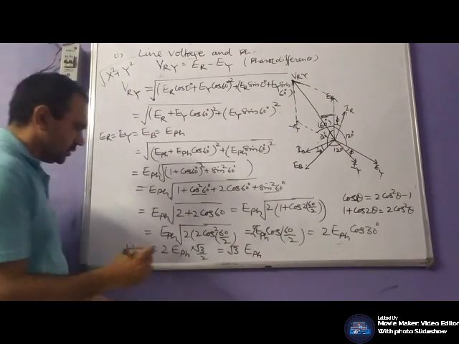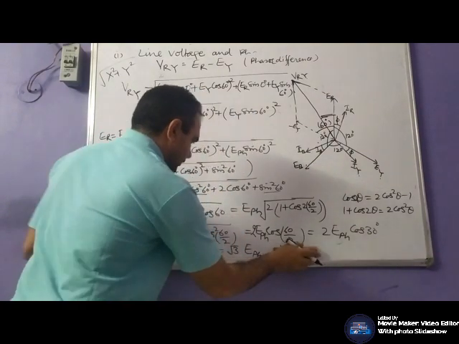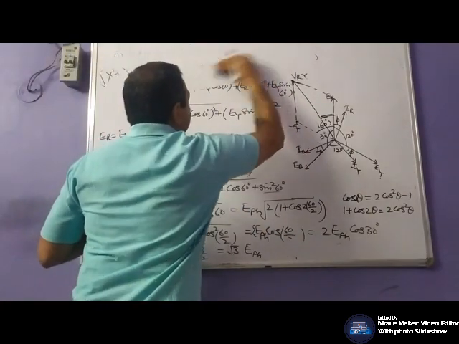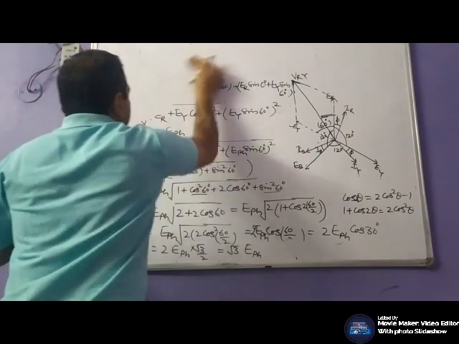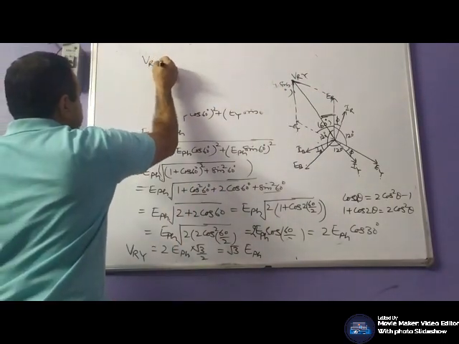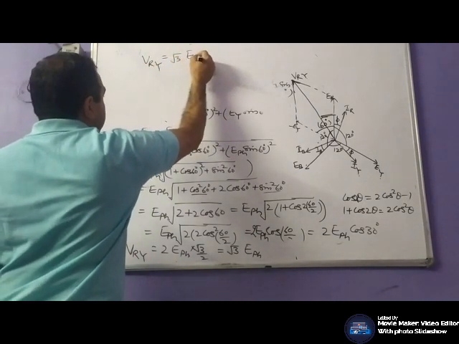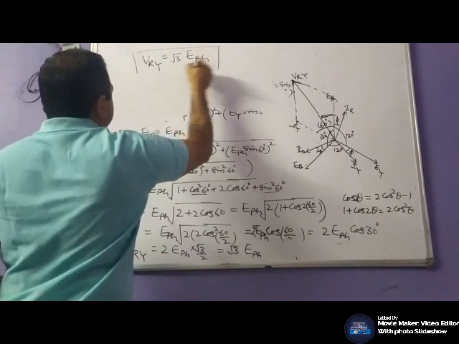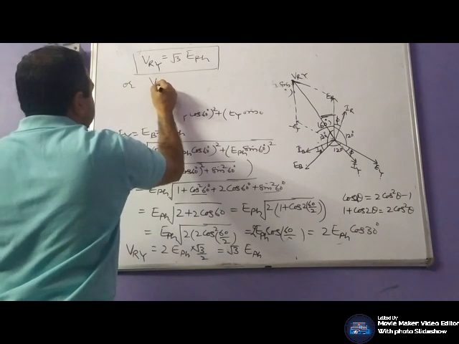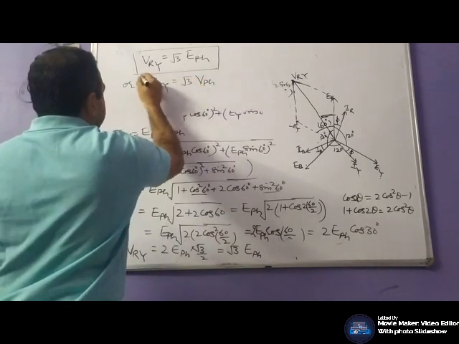This is an important one. VRY is root 3 E phase, or we can write it as root 3 of V phase.